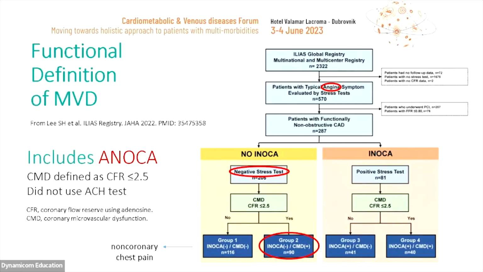They also investigated those without ischemia on invasive testing and did all the details and found that a group had coronary microvascular dysfunction. Now, interestingly, these did not use the acetylcholine test. So, I think we need to do a big effort of trying to clarify, of summarizing what is out there.